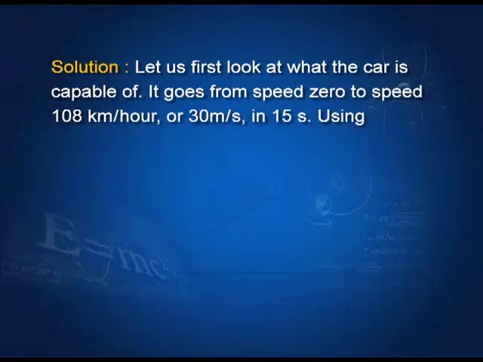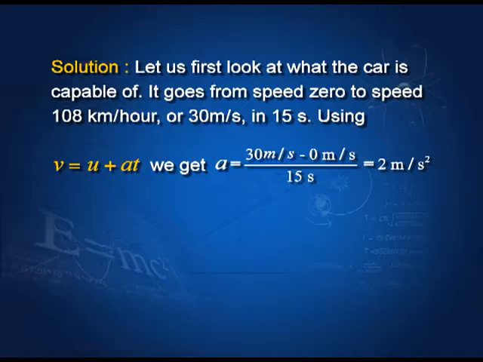So, let us verify the claim of your friend. We first look at what the car is capable of. It goes from a speed 0 to a speed of 108 kilometers per hour, that is 30 meters per second, in 15 seconds. So, we use v equal to u plus a t and get a. a turns out to be 2 meters per second square.